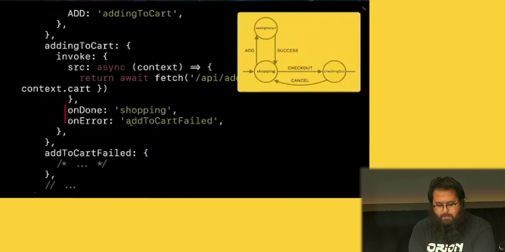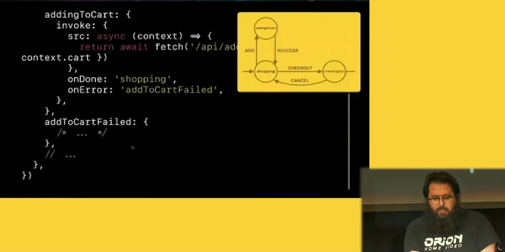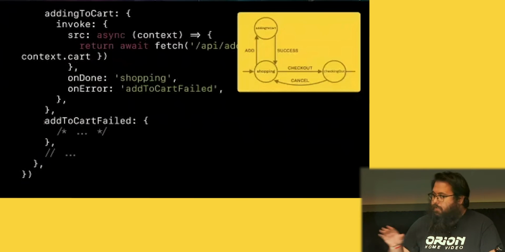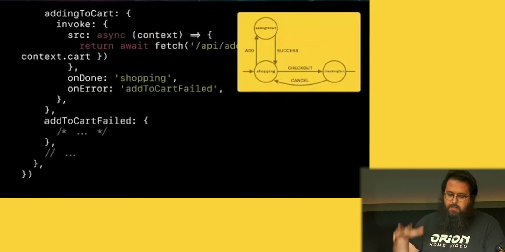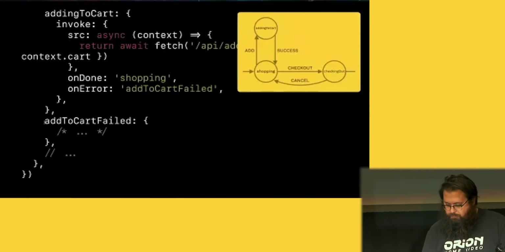Now here I didn't model this, but you can imagine there might be some sort of add to cart fail state here, and I hope you can imagine so forth and so on. The other states would be kind of iterations of the same kind of idea. So I didn't fill them out here.